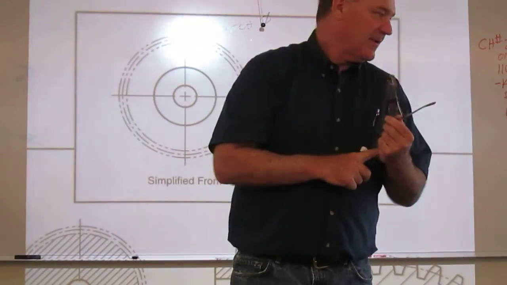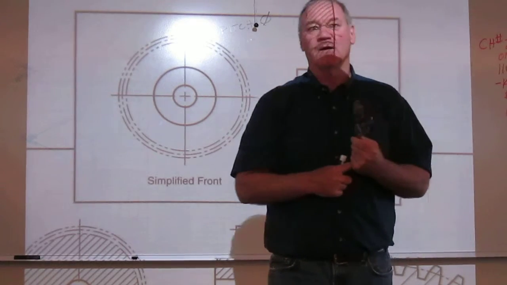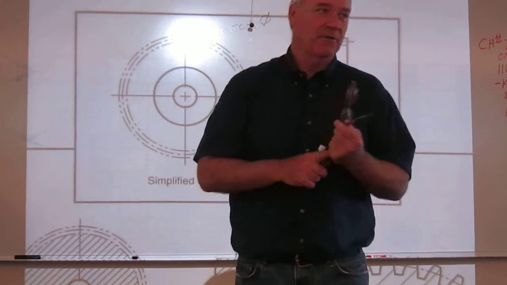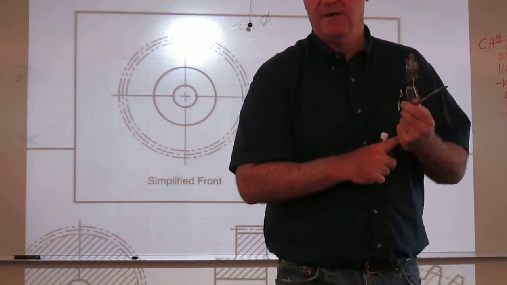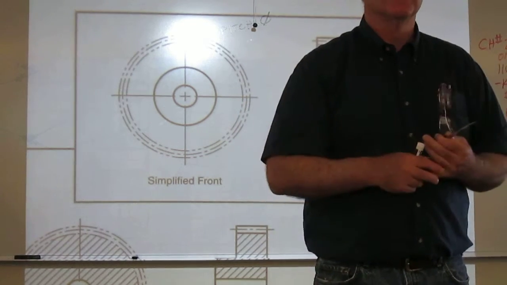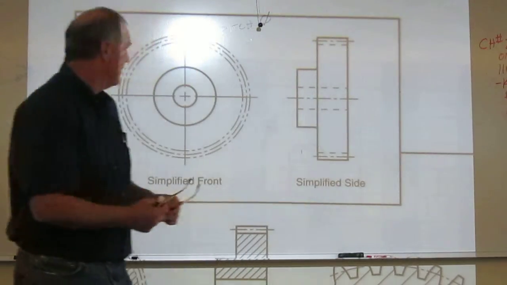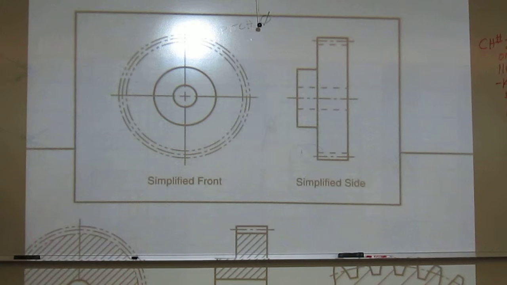The pitch diameter is defined as the location that the mating teeth are tangent. Why is that important? Because that's where all the power gets transmitted through. Okay, it's where the tooth really comes in contact with the mating part. That's the pitch diameter.